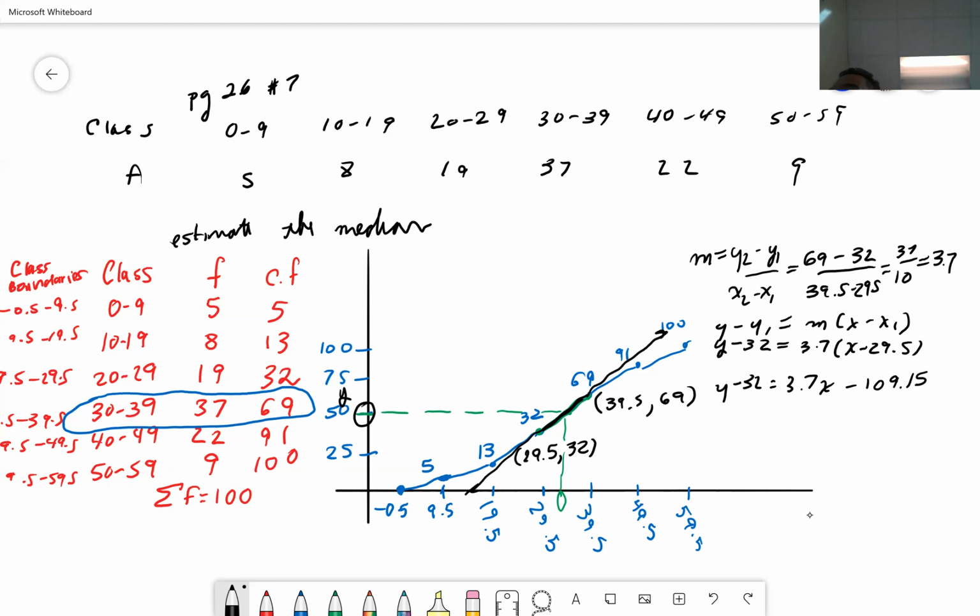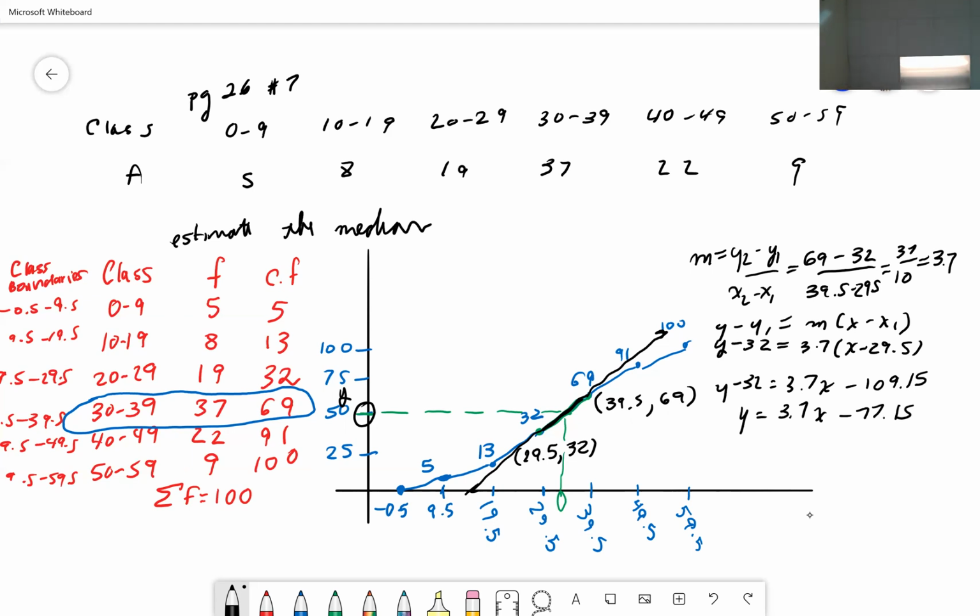So I'm going to go ahead and add 32 to the other side. That's y equals 3.7x minus, oh, wait, 109.15 negative, of course, plus, almost made a mistake there, negative 77.15, right?